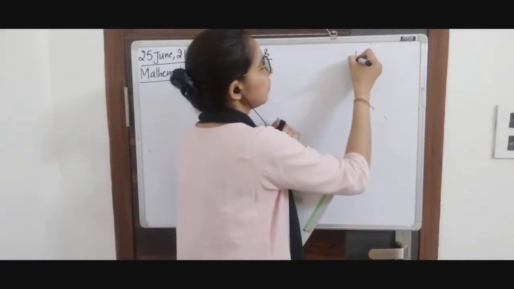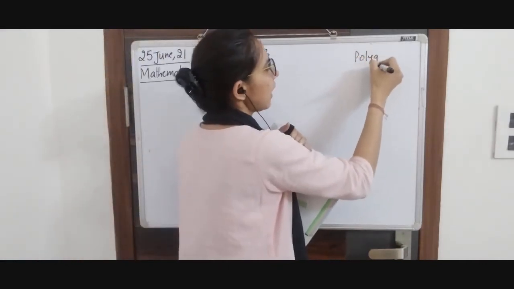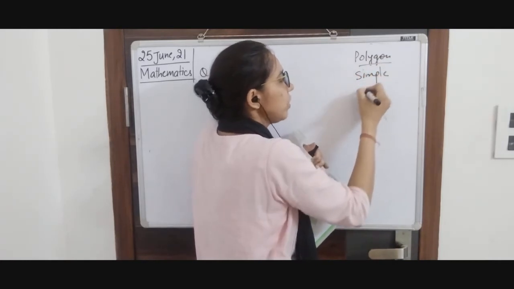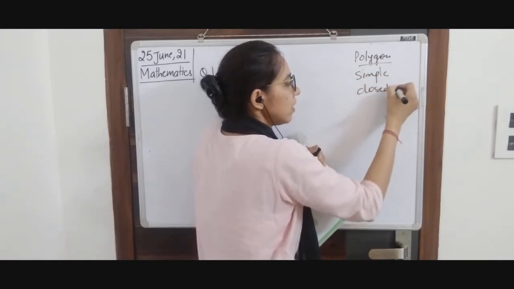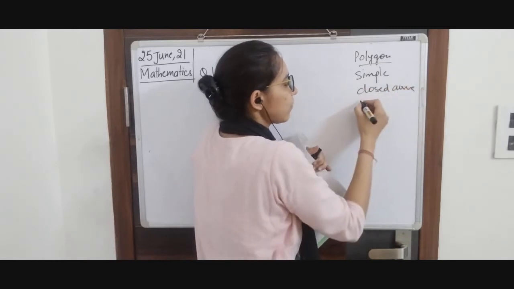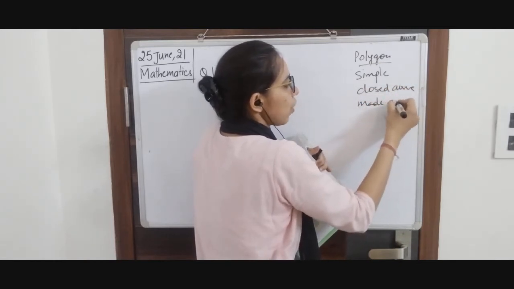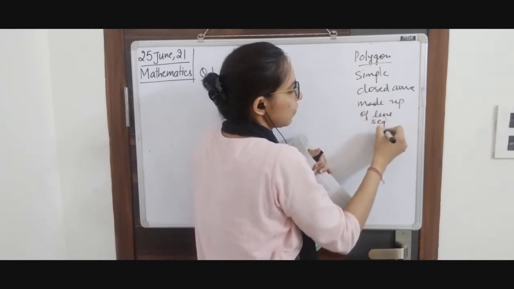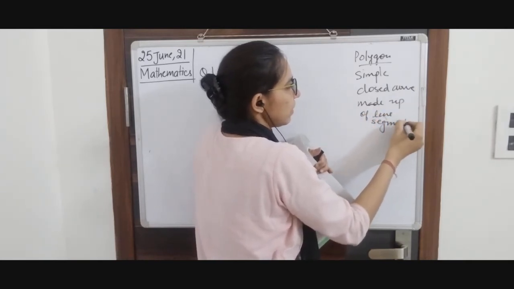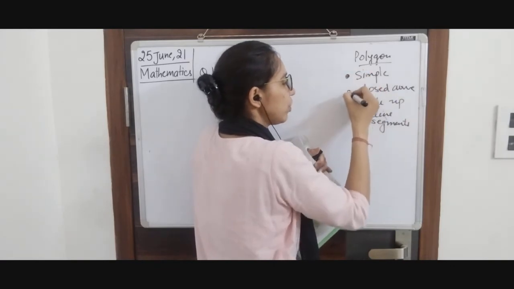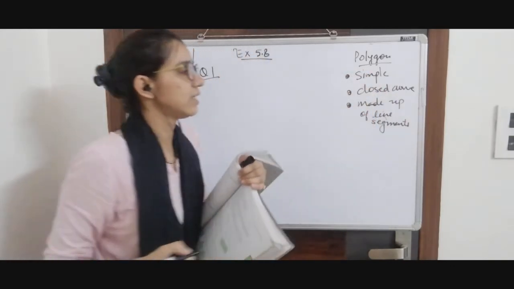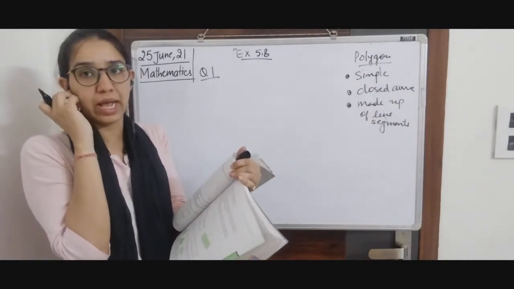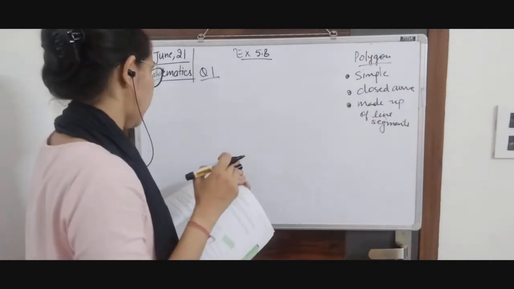As we discussed, polygon means it has to be simple, it has to be a closed curve, and it has to be made up of line segments. These 3 conditions should be satisfied. So we are going to check all the 3 conditions for the given figure and figure out if they are polygons or not.